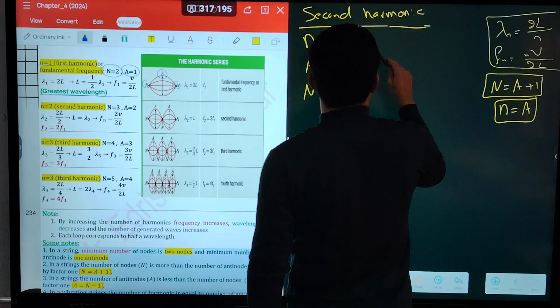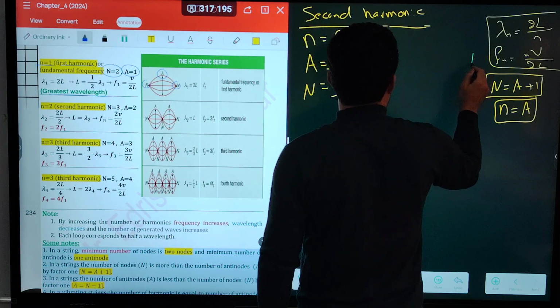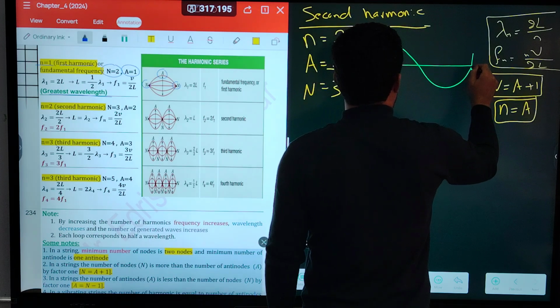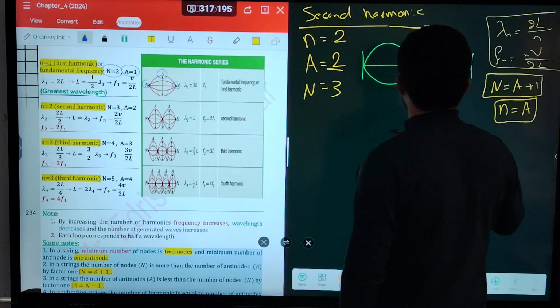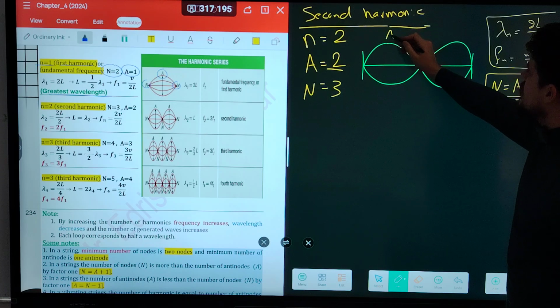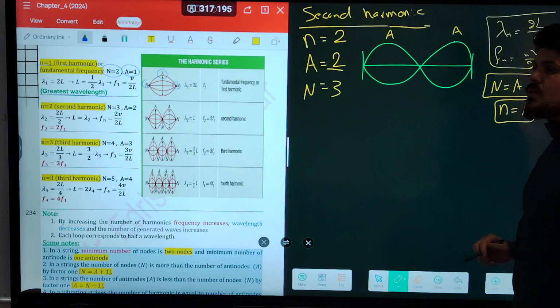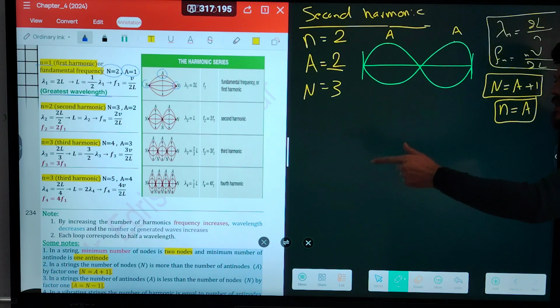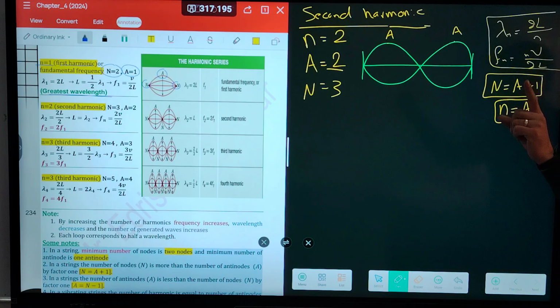The figure will be like this. This is string, okay? Guys, look, how many antinodes do we have? 2. We have 2 antinodes. In a vibrating string, number of nodes is bigger than number of antinodes by factor of 1. We have 2 antinodes. What about node?